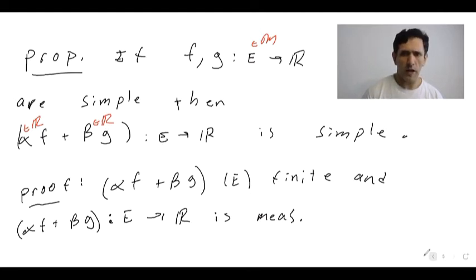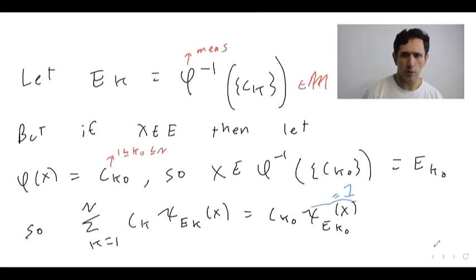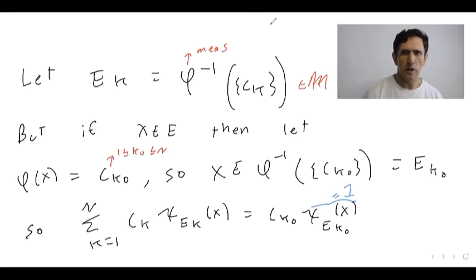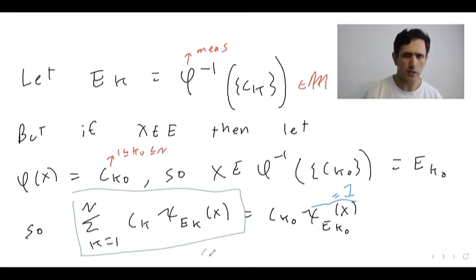So I want to make one comment, and it would be worthwhile to remember this. This here is going to be called the canonical representation, canonical meaning the natural representation. There are other ways to write a simple function as a linear combination of characteristic functions. This is not the only one.